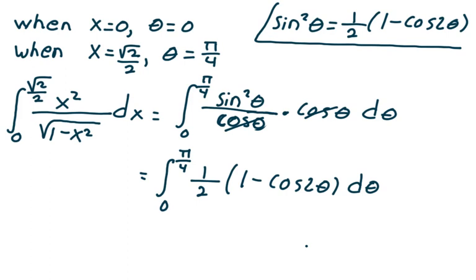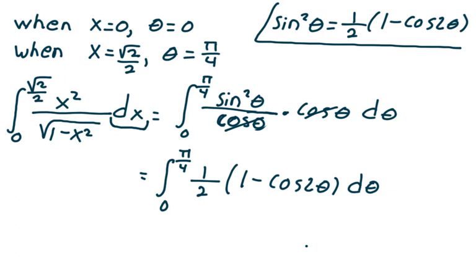So the integral from 0 to square root of 2 over 2 of x squared divided by the square root of 1 minus x squared dx is equal to... Now, I'm going to replace x squared with sine squared theta. I'm going to replace the square root of 1 minus x squared with cosine theta, and I'm going to replace the dx with cosine theta d theta.